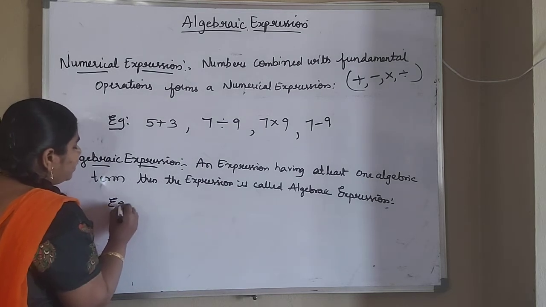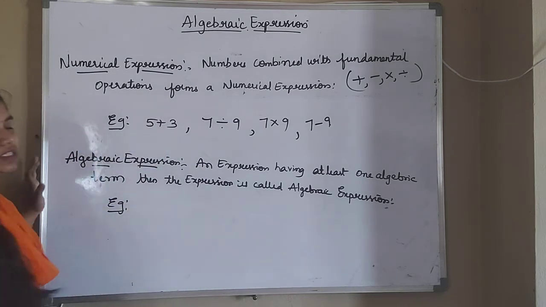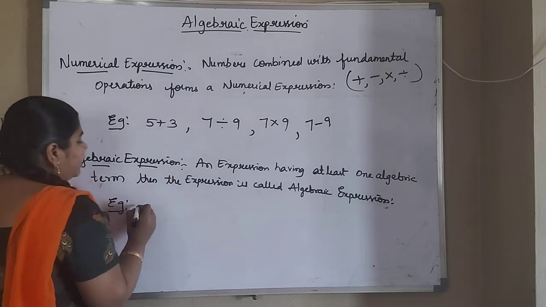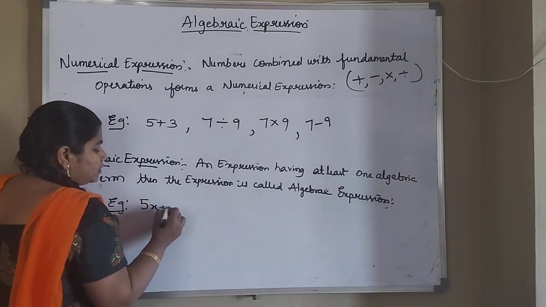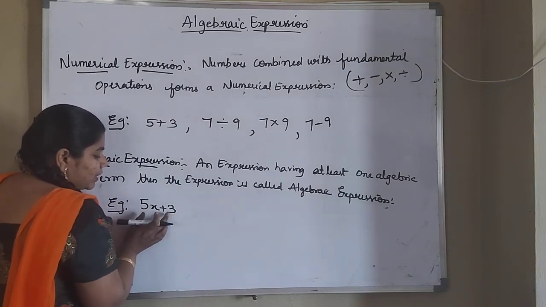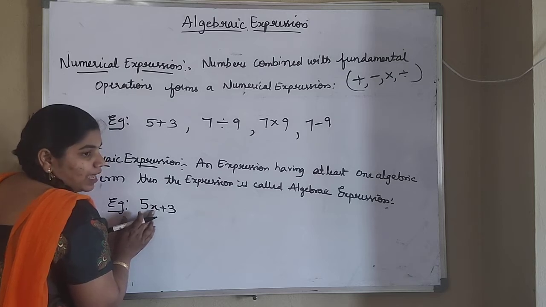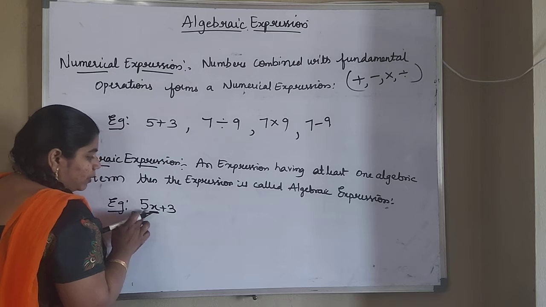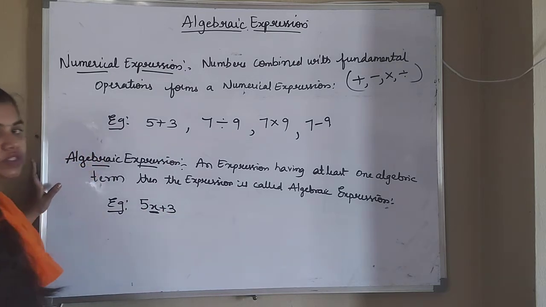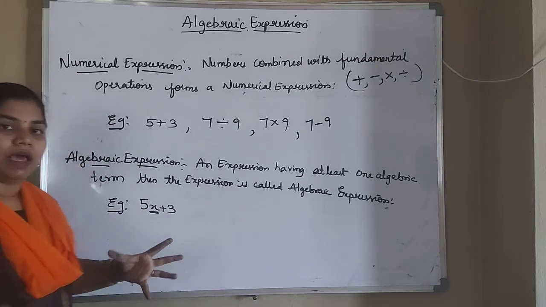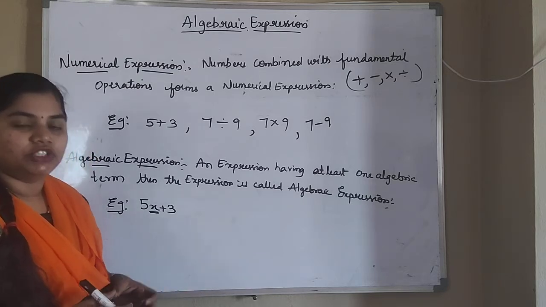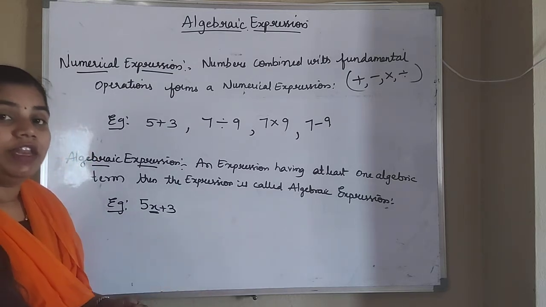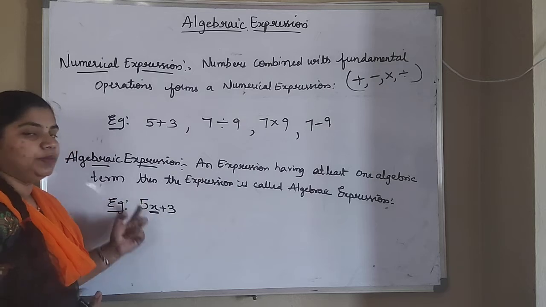For example, the first example I have taken is 5 plus 3. So I can take here 5x plus 3. This numerical expression has combined with one algebraic term, that is x. So this x is a variable and 5 and 3 are constant numbers. So the combination of numbers, fundamental operations and also variables forms an algebraic expression.